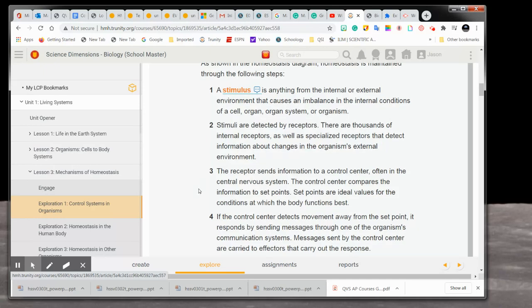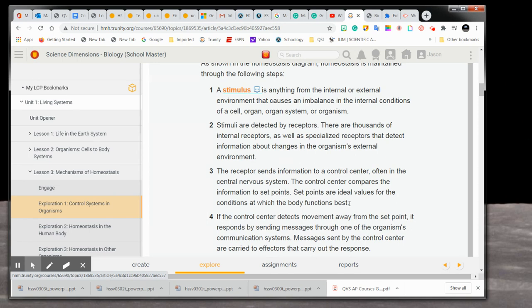So number three, the receptor sends information to the control center. All right, control center being the brain, the nervous system, or in the cellular level, the nucleus. And often in the central nervous system, the control center compares the information to set points. In other words, these set points are like individual values for the conditions at which the body functions work best.